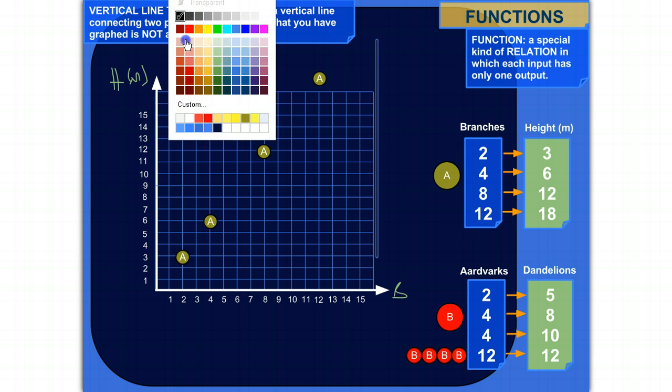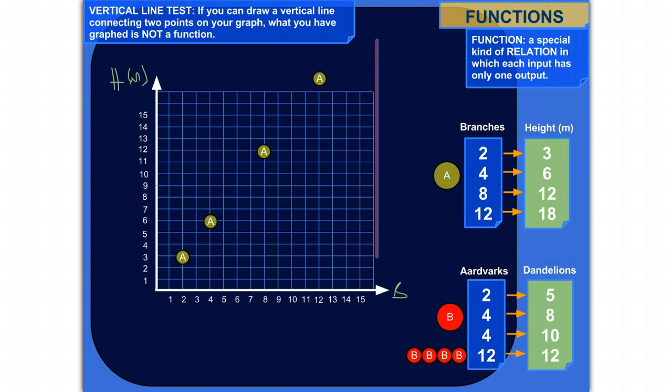Is there anywhere on my graph where I can connect 2 points just by putting a vertical line there? No, I'm only connecting 1 point whenever I draw a vertical line on this graph. So since it passes the vertical line test, this relation, branches to height, is a function.